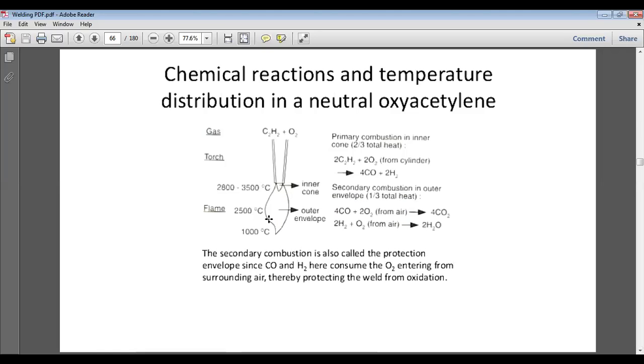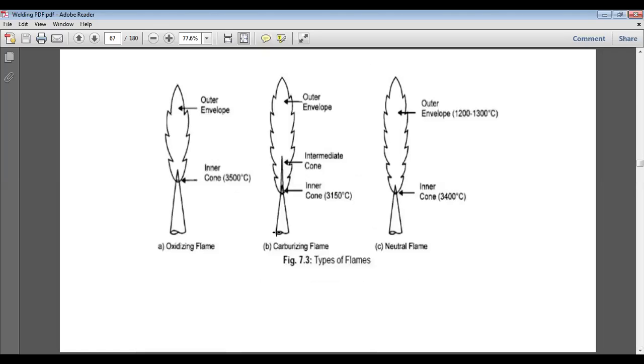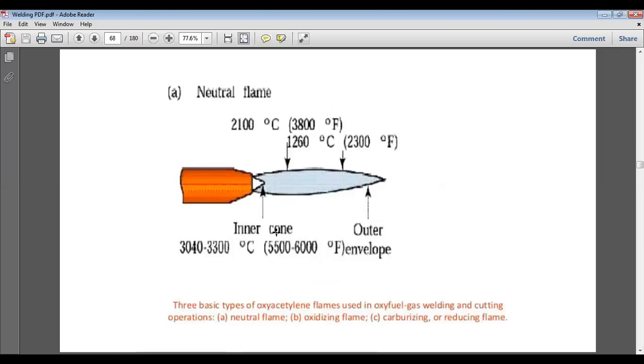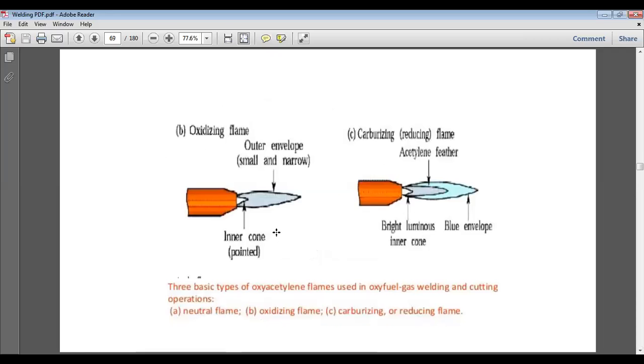For the flame 2500 or less, and then the outer envelope, and at the top it has 1000 or something like that. So this is oxidizing, carburizing, neutral; neutral flame, oxidizing.